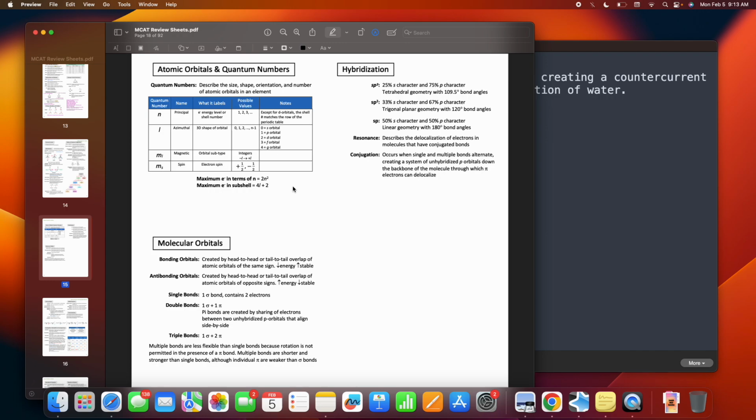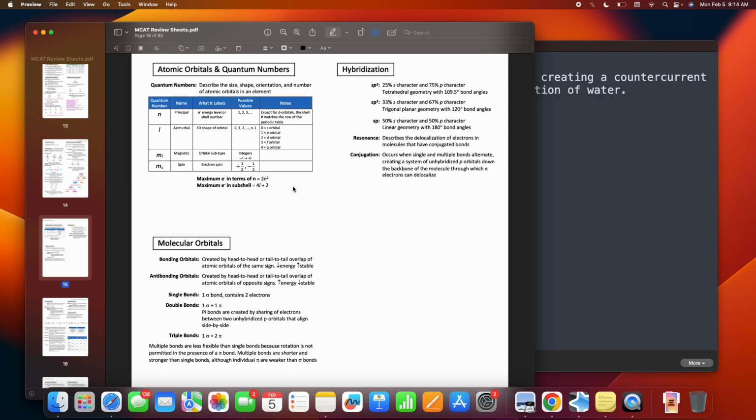And for the spin, we have plus half and minus half. The maximum number of electrons in terms of n is 2n squared. The maximum electrons in subshells, so in p or d or whatever, is 4l plus 2.